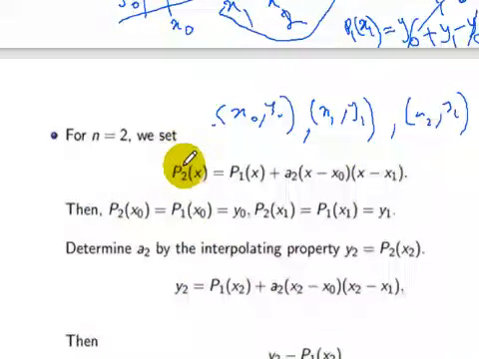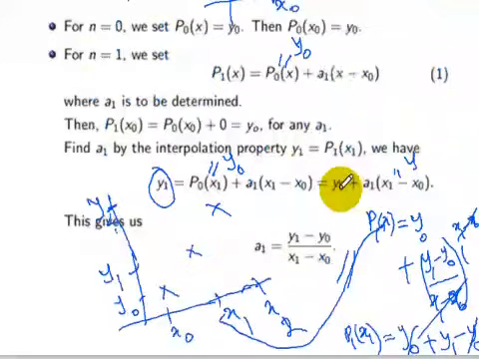This is our polynomial. This polynomial passes through these 3 points. P1 would be the polynomial which is passing through these 2 points, right? And we add this term, as before.